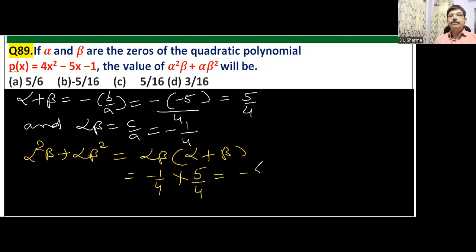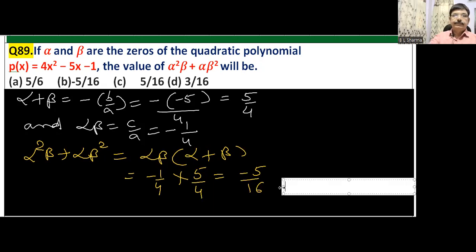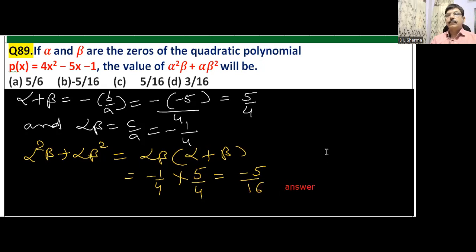So that is minus 5 by 16. This is the answer of this question. So the answer will be minus 5 by 16, meaning B is the answer.